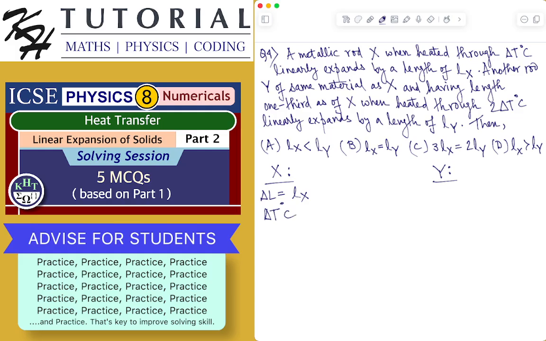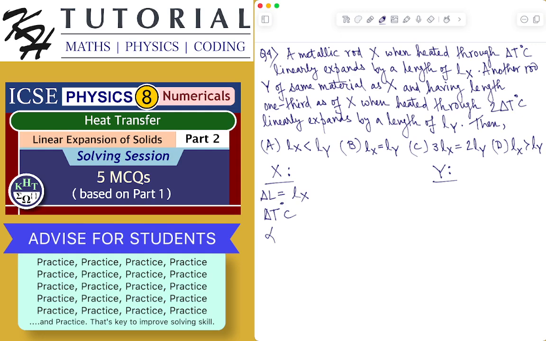This is the increase in temperature of the metallic rod X when it is heated. Remember that it is given that another rod Y is of the same material as X. So the rods X and Y are of the same material. So let's assume the coefficient of linear expansion of the material to be alpha.